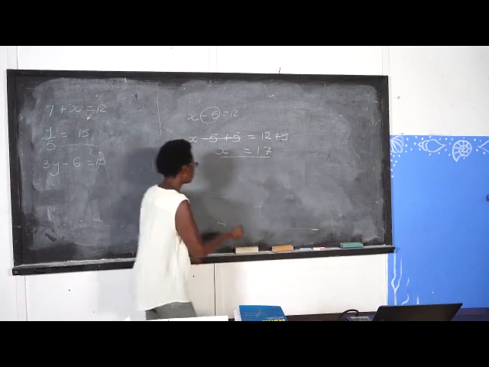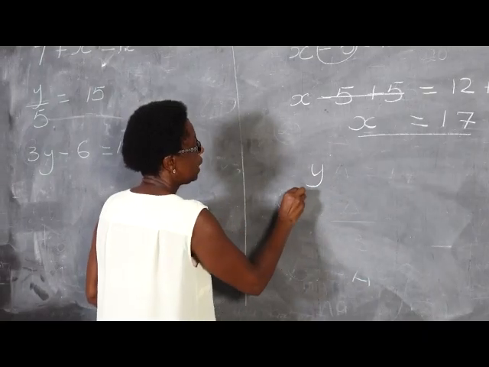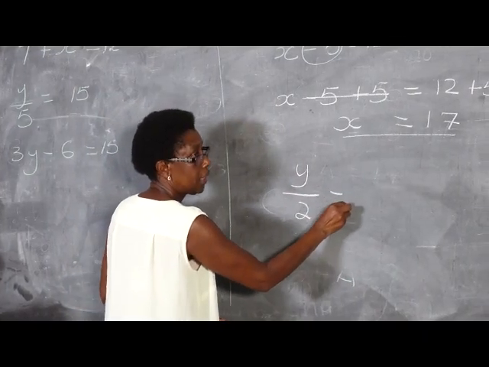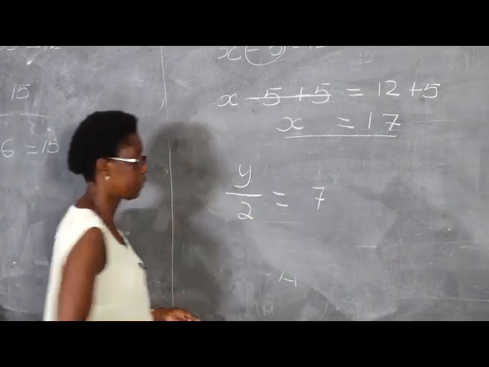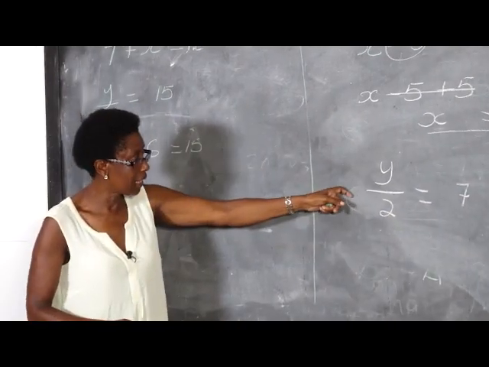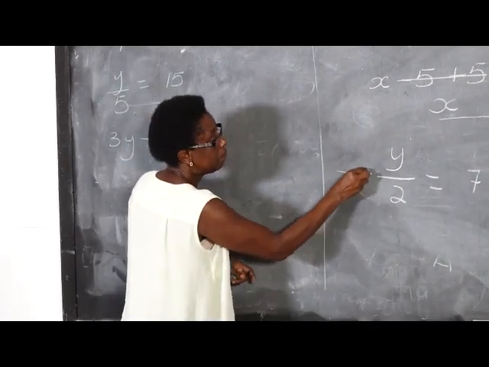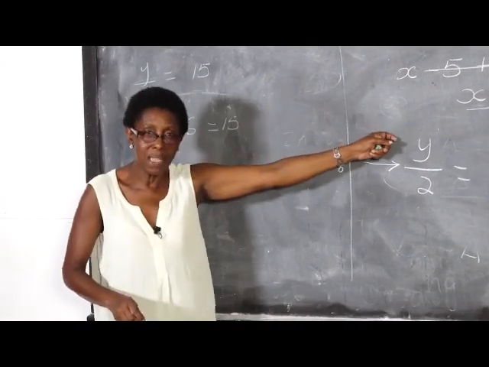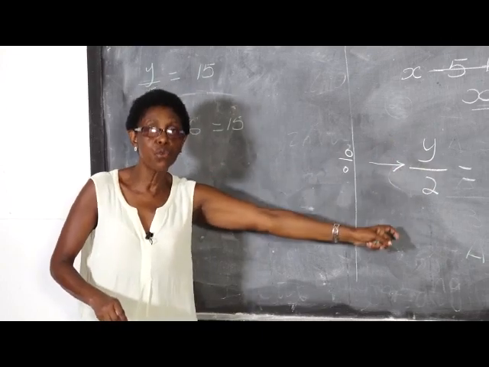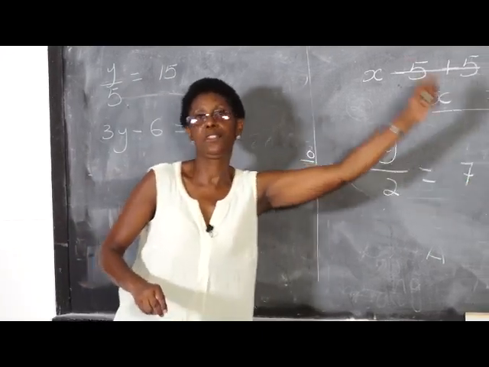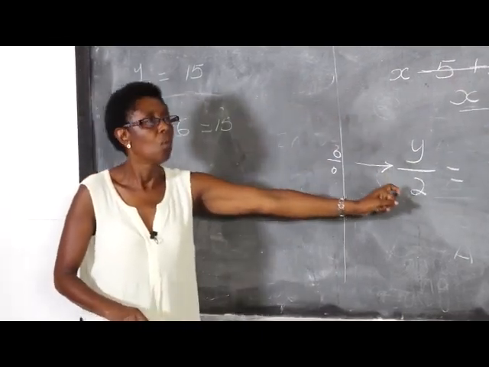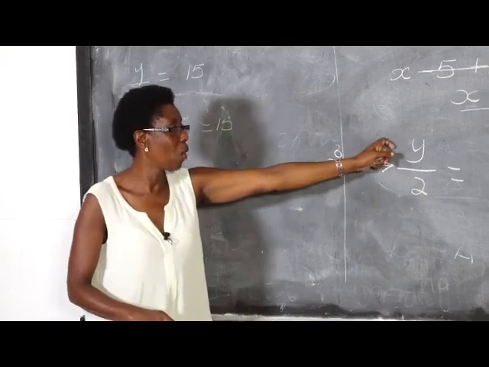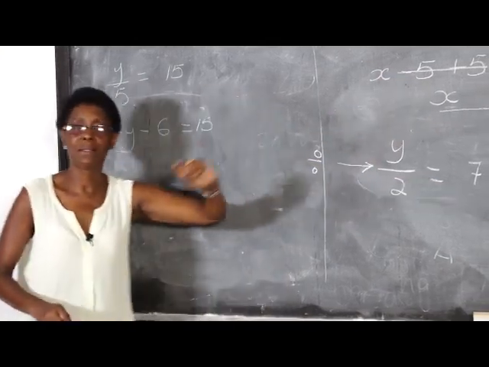Okay, so I've got y over 2 is equal to 7. That line here means to divide. So I've got y divided by 2 equals 7. What is the goal? To have y equals a number.